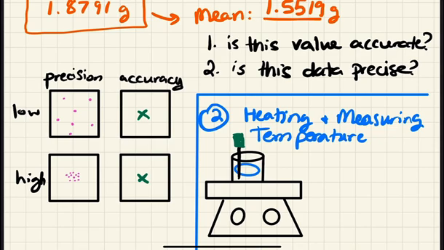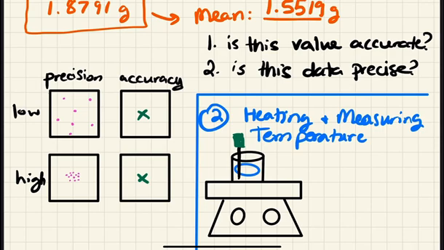All right, so that's the idea of precision, whereas accuracy has to do with how close your measured values are to the actual true value. And so the X here is representing the true value that we are trying to measure. Maybe we already know what it is from the literature or so on.